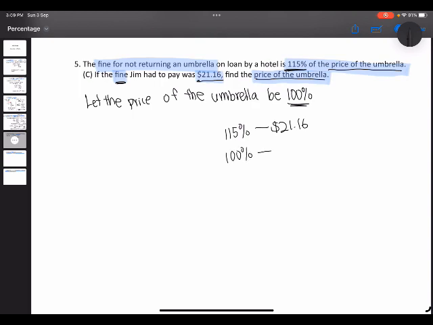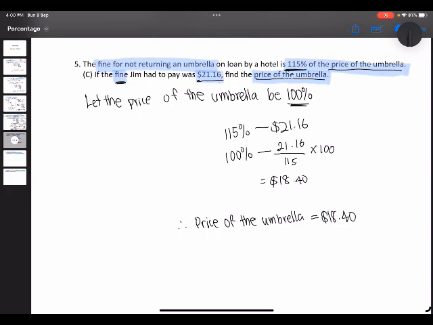Using the proportion method, it is $21.16 over 115 times 100, which gives a value of $18.40. So therefore, the price of the umbrella is $18.40.